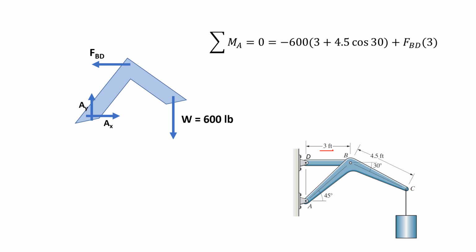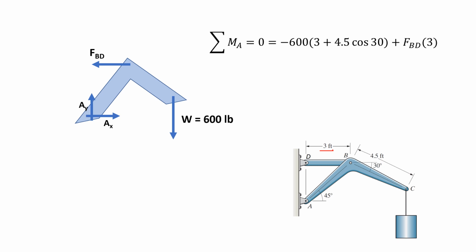So this is the hypotenuse, cosine of 30 is the adjacent side. And then FBD would have a counterclockwise moment about A, and the vertical distance between point B and point A is 3 because the angle of AB is 45 degrees. Hence, if BD is 3 feet, then AD is also 3 feet.